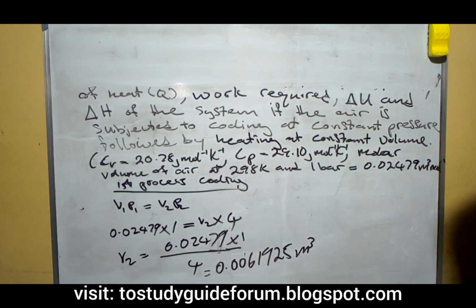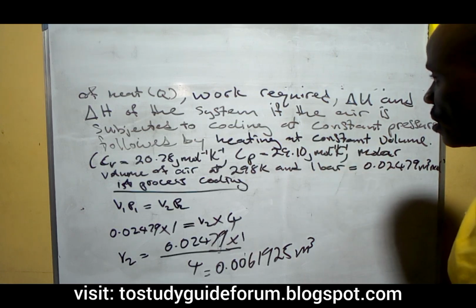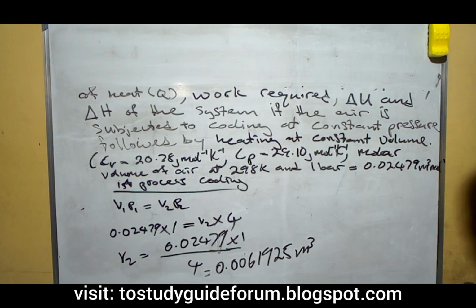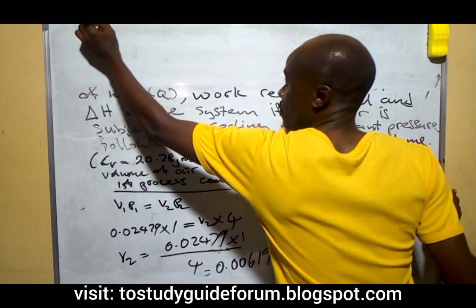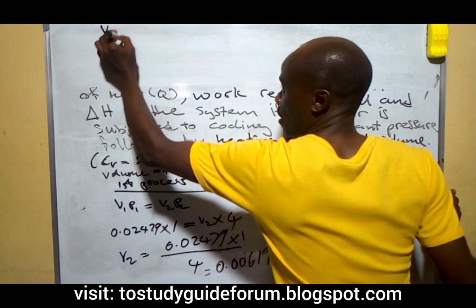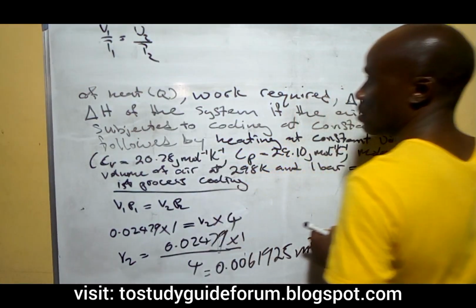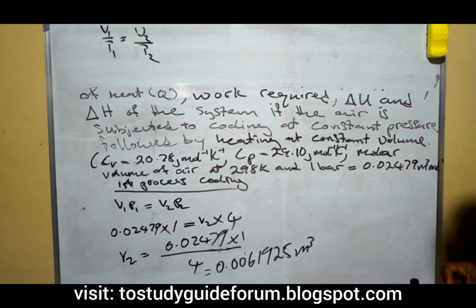So to find the temperature at the first stage, the cooling at constant pressure, we have V1 over T1 equal to V2 over T2. This is more like Charles's law.